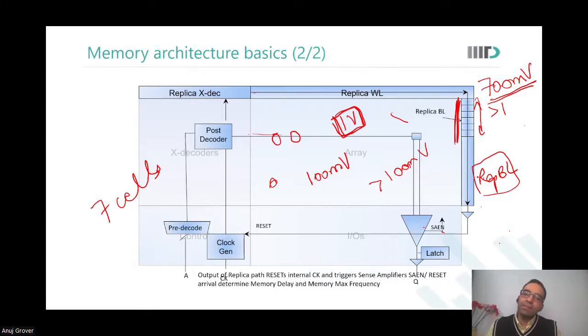If I had kept the trip point at, let us say, 0.7, only 300 millivolt discharge was required. So the bitline capacitance would have a lower role to play in determining how much delay is added. Are you able to see this? So it is about what kind of impact I expect because of bitline capacitance versus wordline capacitance.